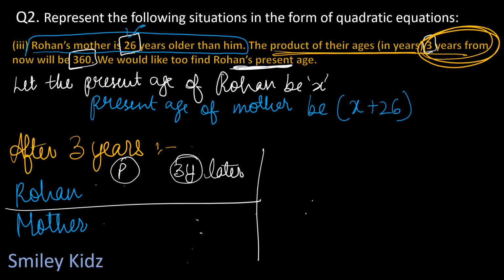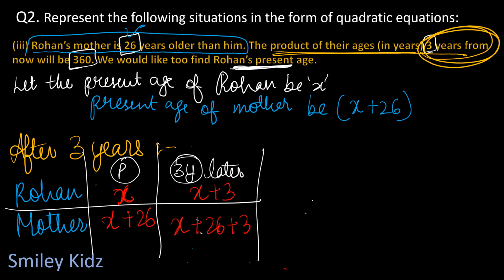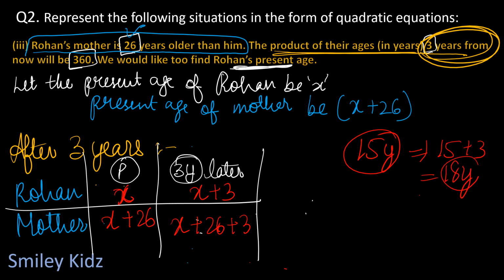What is the present age of Rohan? The present age of Rohan is x, and the present age of mother is x plus 26. 3 years later, their ages will be x plus 3 and x plus 26 plus 3. Don't worry. Let's suppose your age is 15 years. 3 years from now, your age will be 15 plus 3, which is 18 years.